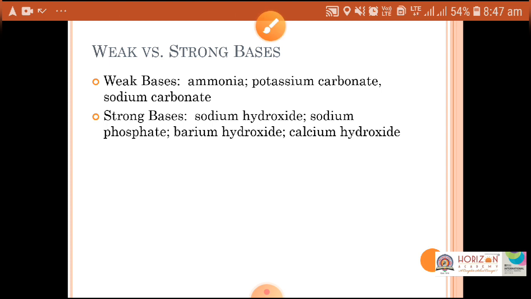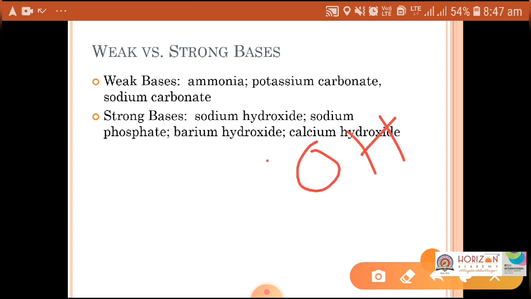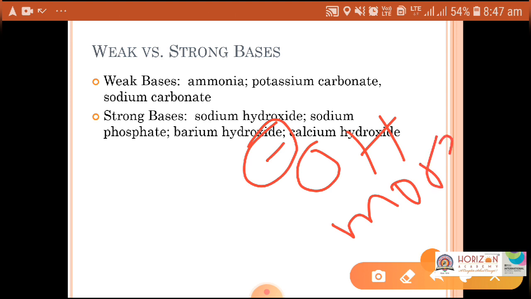And when strong bases are dissolved in water, they produce a lot of OH minus ions. That's why these two categories are given. In some conditions weak bases are required, in some conditions strong bases are required. So we should know which are weak bases and which are strong bases.